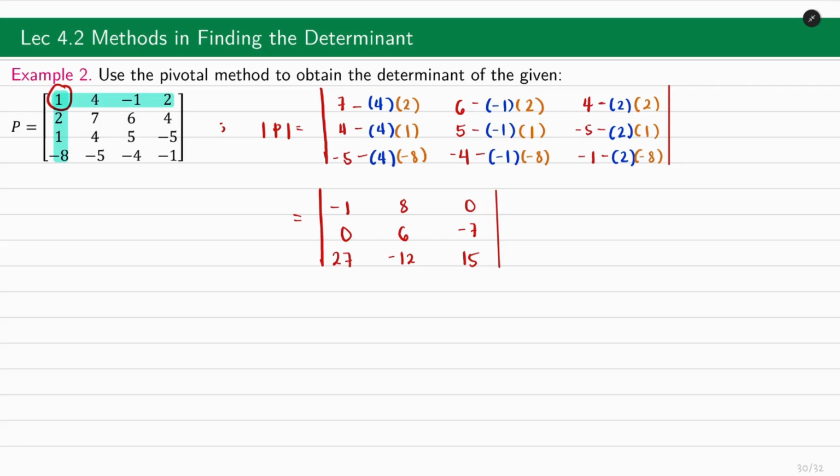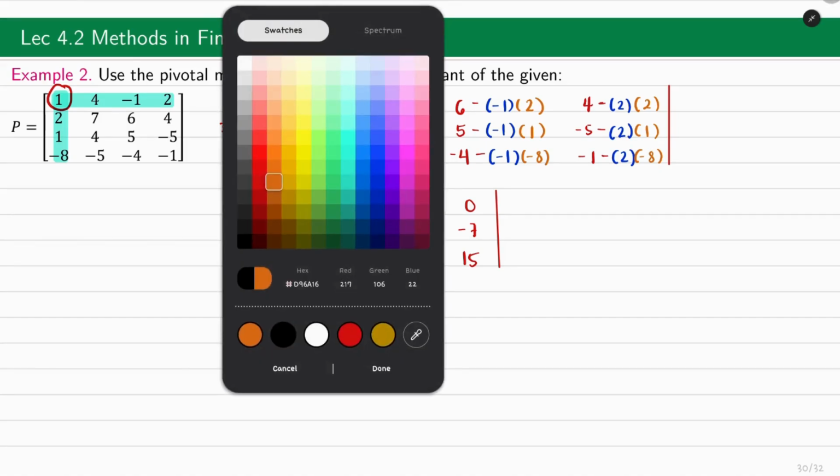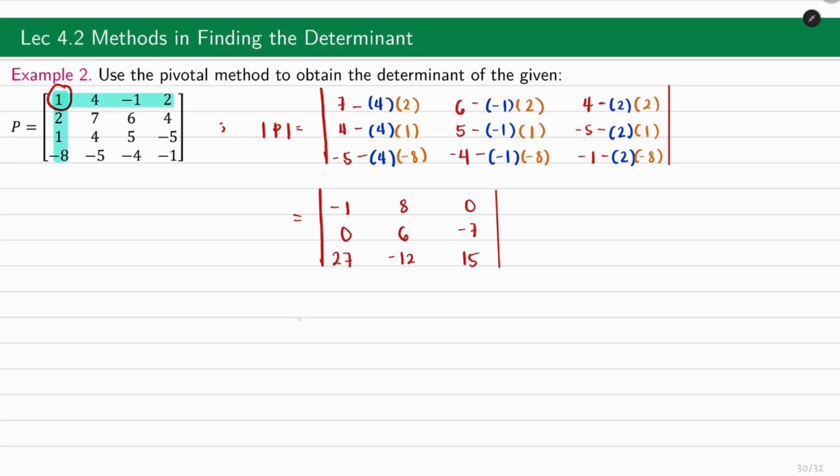Let's apply the pivotal method. I'm going to take out the negative 1 from the first row. Now, this one will be this one. It becomes 1, negative 8, 0.